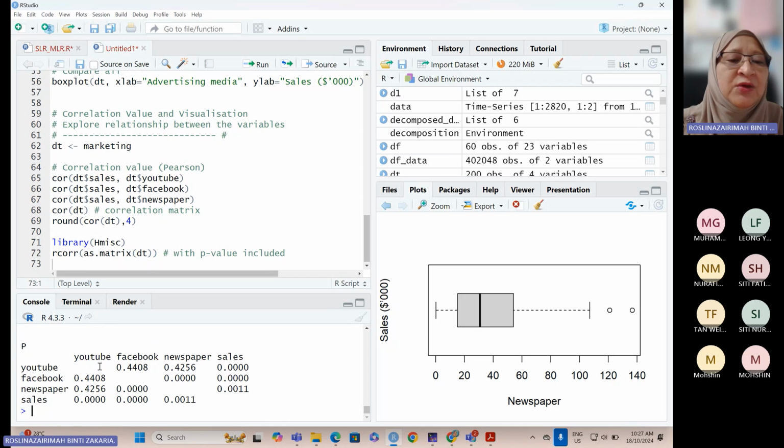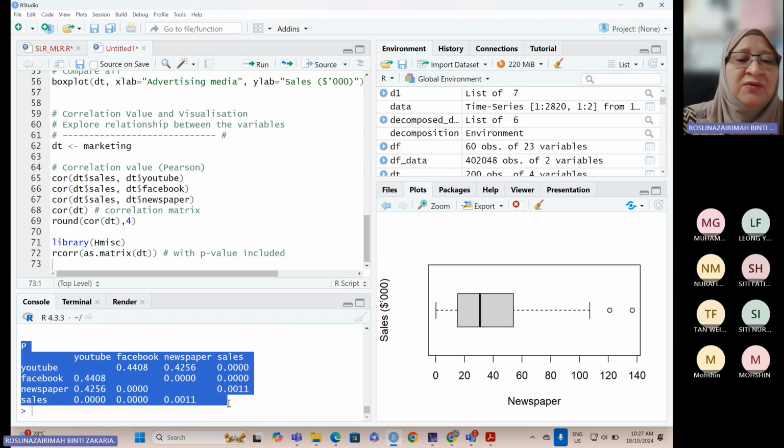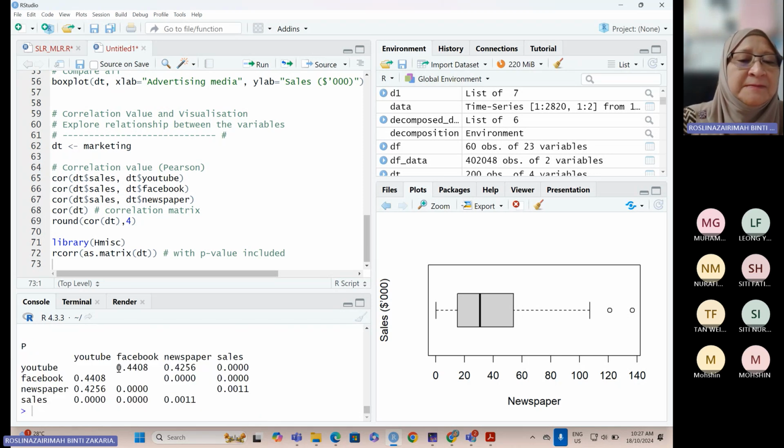So this is the p-value, the significance of the correlation value. If it is 0, then it is not significant. Or if the correlation is strong and also significant, this is the hypothesis testing part. P means p-value, this value here.